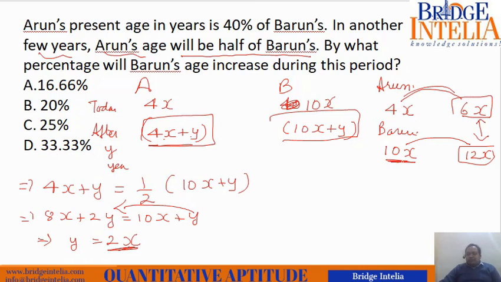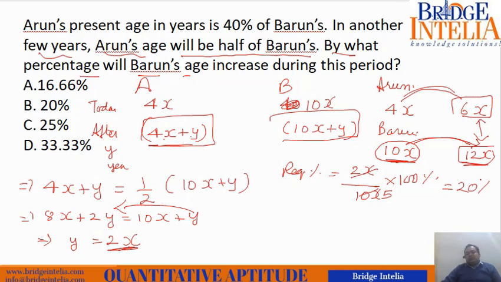Now based on this you can answer the question: by what percentage will Varun's age increase during this period? From 10x his age will become 12x. So required percentage: he will see an increase of 2x, original value 10x. So 2x is what percentage of 10x? This comes out to be equal to 20%.